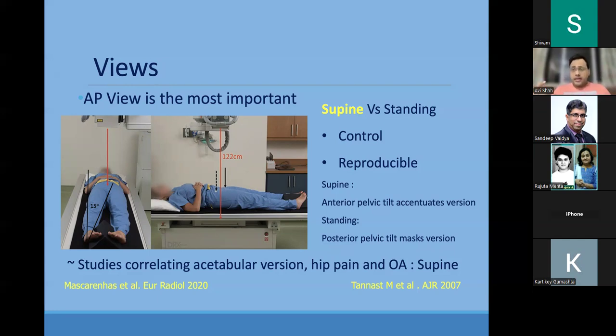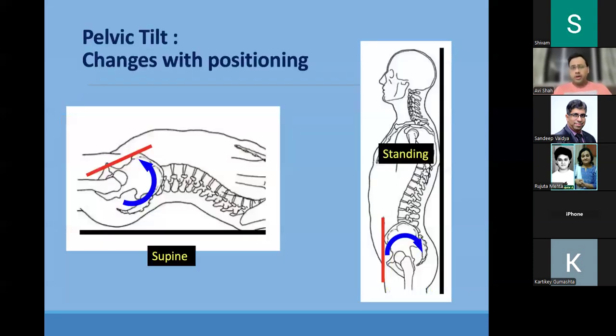Again, with standing, some people put their back behind and have a tendency to tilt their pelvis posteriorly, which can mask version. So be careful, especially when you're looking for version on the x-ray, be it supine or standing. Studies which correlate acetabular version show that supine X-rays are good enough if you really get them proper, with good control and reproducibility.